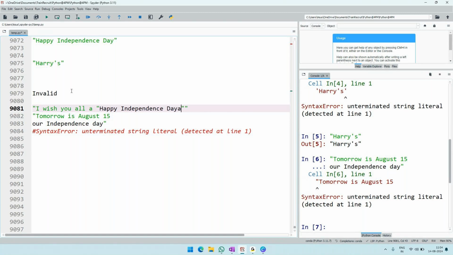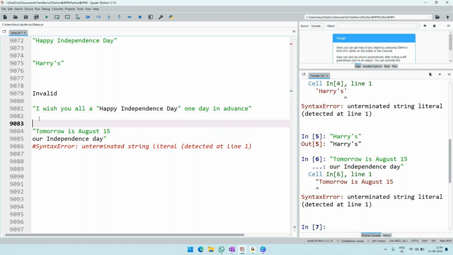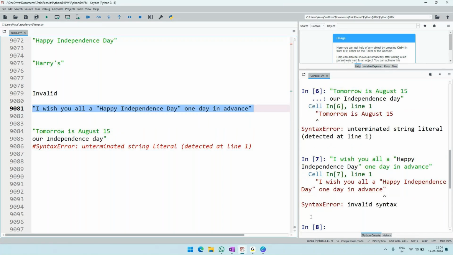Here you can observe, I can run this, and you can see it is a syntax error. Why is it saying syntax error?